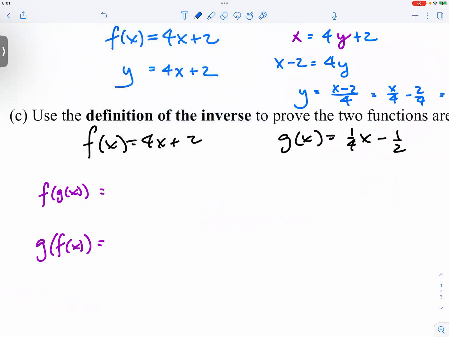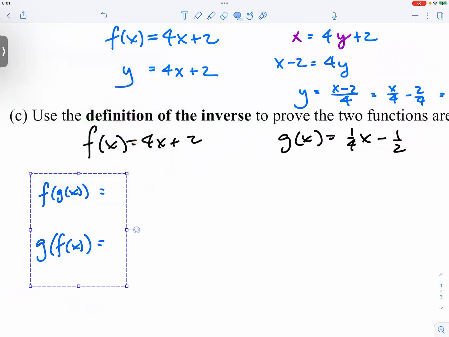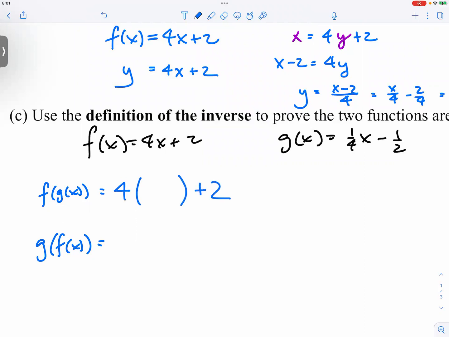Let me go ahead and change the color a little bit. Just blue. And then we say, all right, f of g of x. Now, this is how I want to show you so that you understand what's going on, because I understand that even for pre-cal students, when they see composition, they struggle. That's how you look at it, all right?